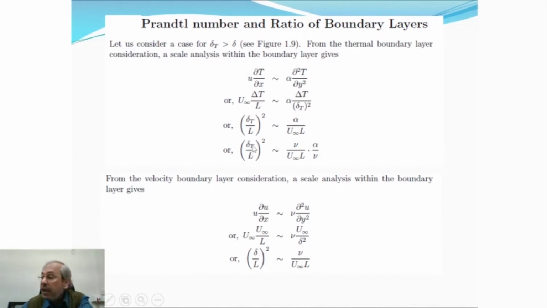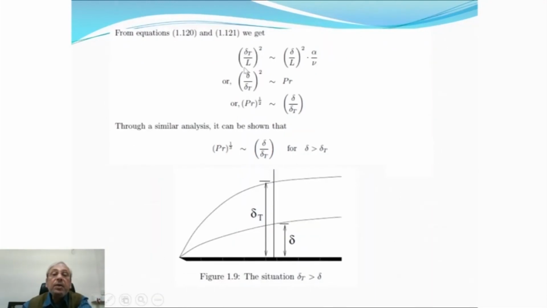So now if we equate these two, we can get a very interesting situation. We get δ_T/L squared equal to δ/L squared into α by ν. And from here we can easily write δ/δ_T squared, that means the velocity boundary layer by the thermal boundary layer squared, is of the order of ν by α, and ν by α is the Prandtl number.